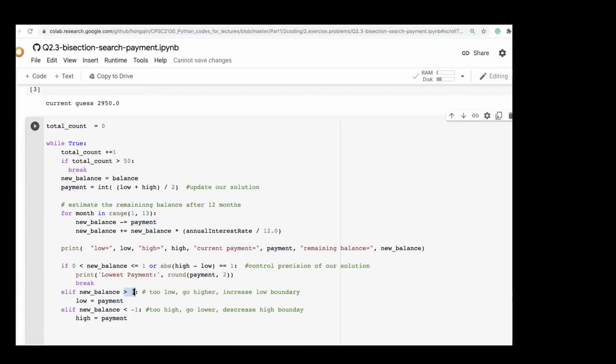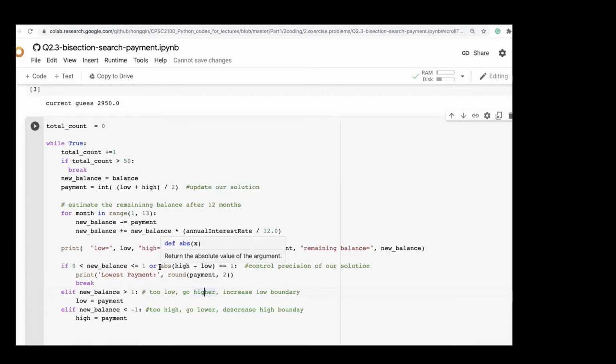The remaining balance is too high, my current payment is too low, and I need to go higher, which is to move the low boundary to the current payment. Then the next time the average is going to move up.